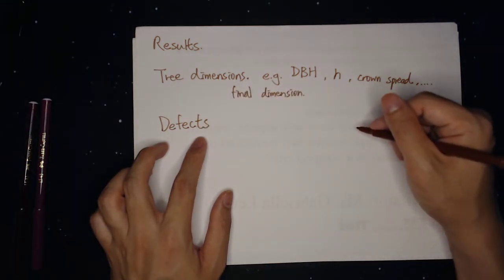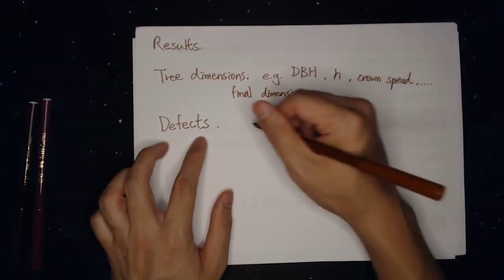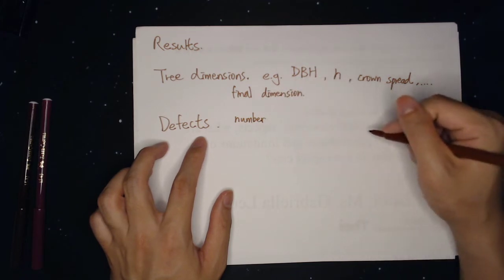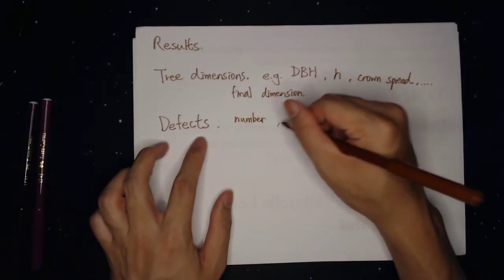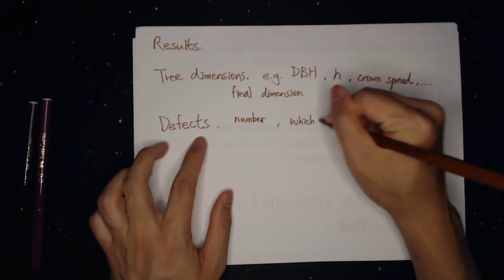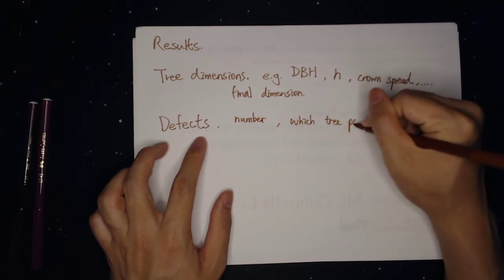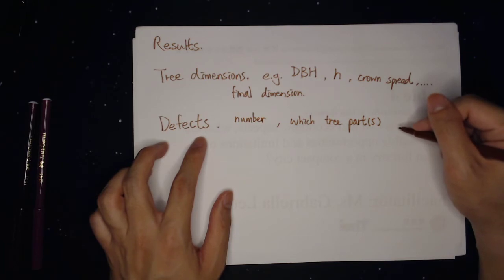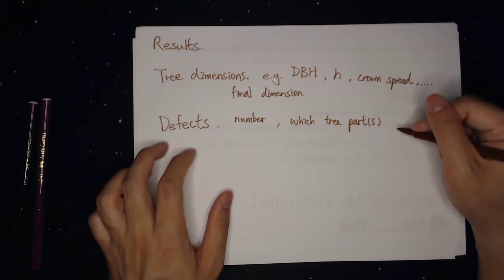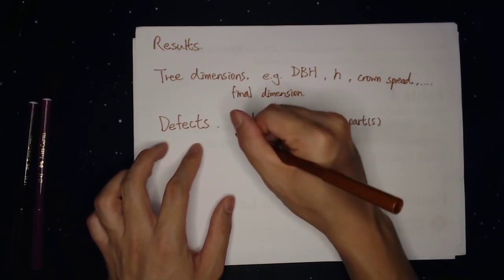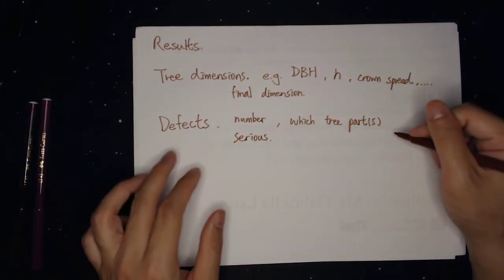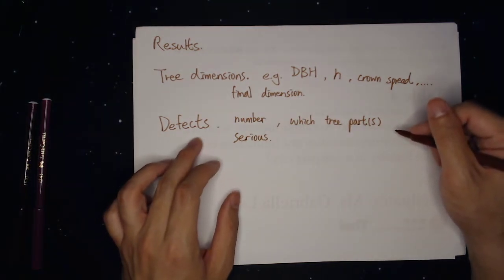Perhaps you can tell me how many defects you have found, which tree part or parts have most of the defects, and which defects are the most serious. So these are all you can describe on defects.